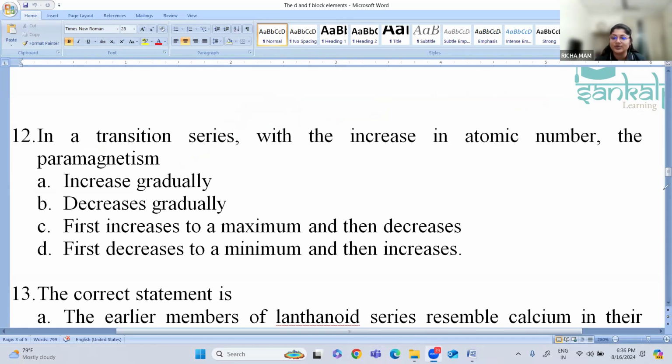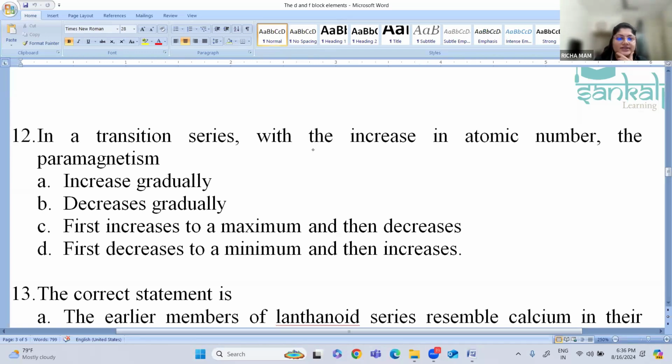Try to answer. Akhila has answered as A. Umehani has answered as A.